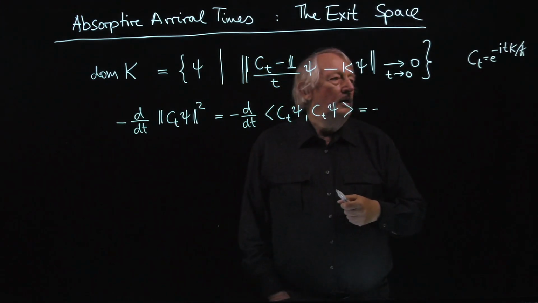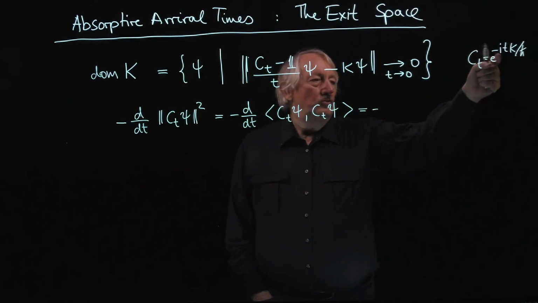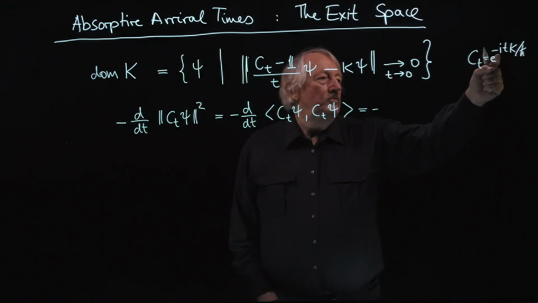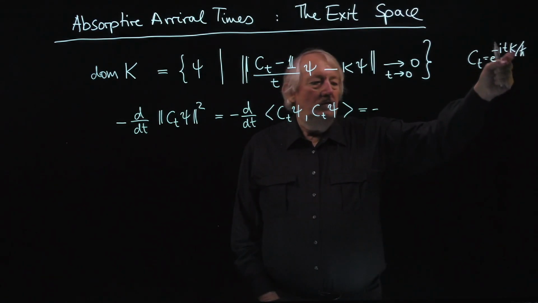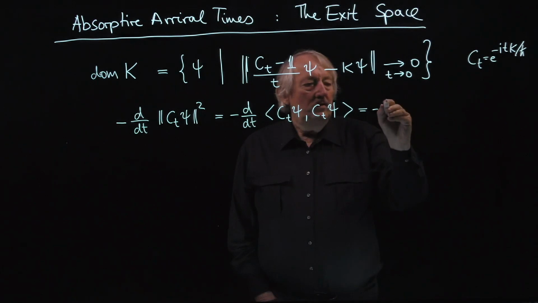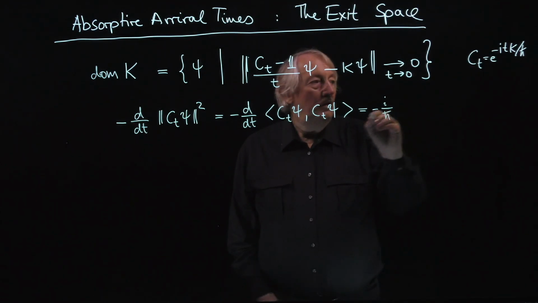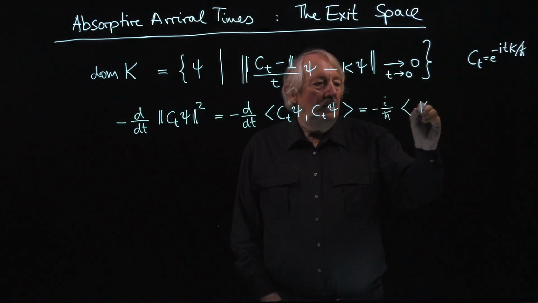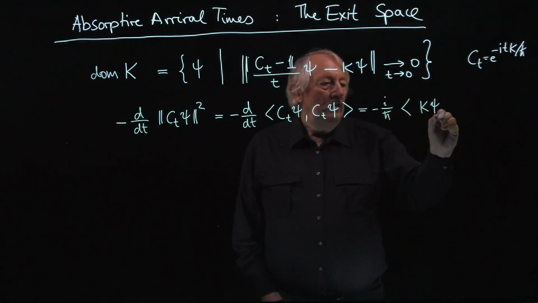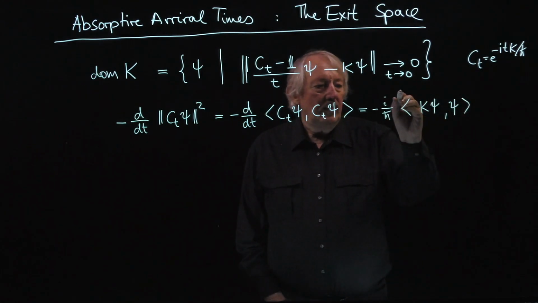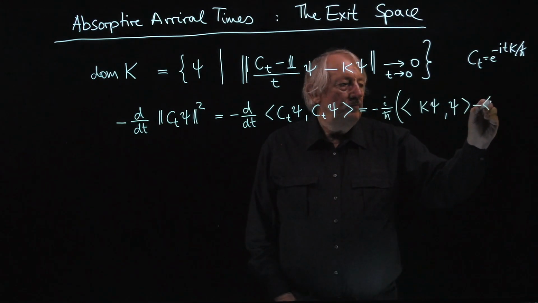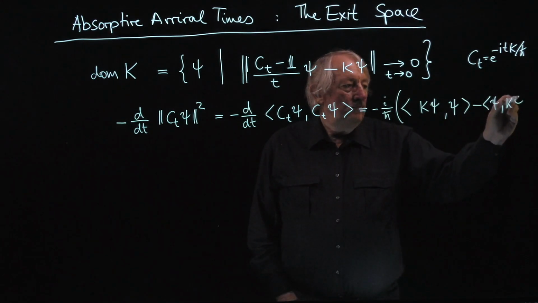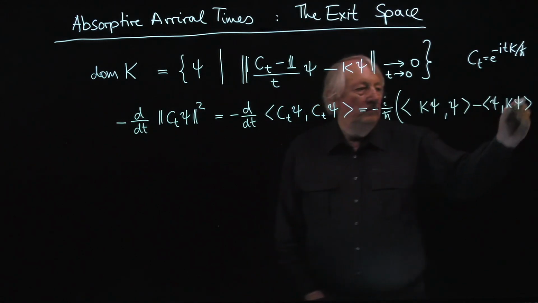Then we just have to put this in, right? The derivative is minus ik over h bar, so we can pull out a minus i over h bar. And then we have k psi minus psi k psi, and I may have to adjust the sign.